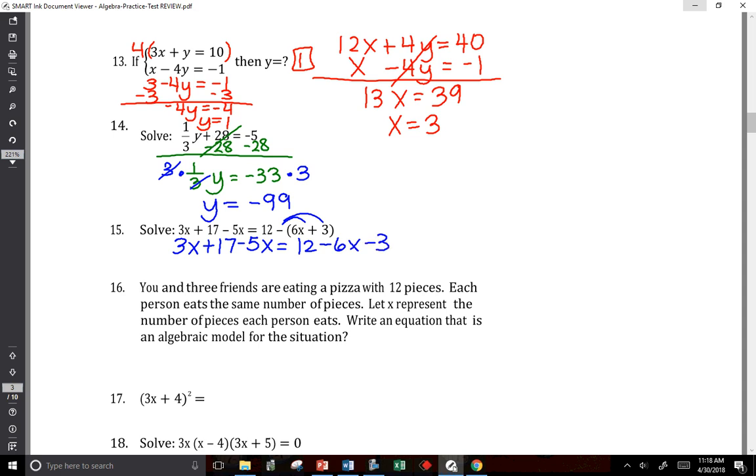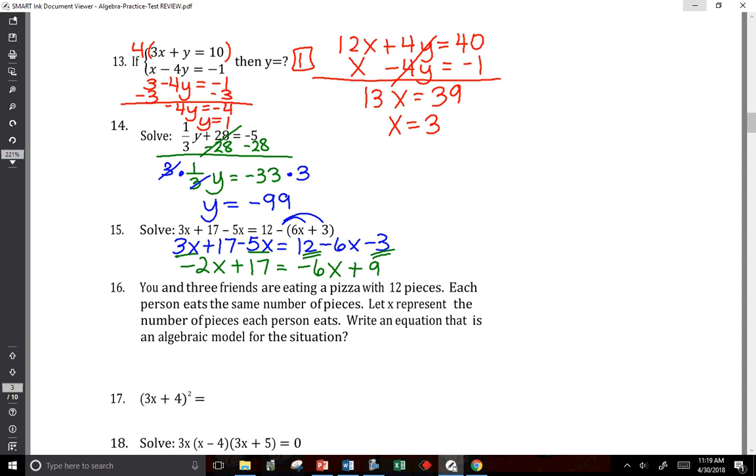So I personally, at that point, would add 6x to both sides. So then you end up with 4x plus 17 equals 9. Do we agree? Because -2x plus 6x is 4x. And then we're going to subtract 17 from both sides. So we have 4x equals, what is that, -8?